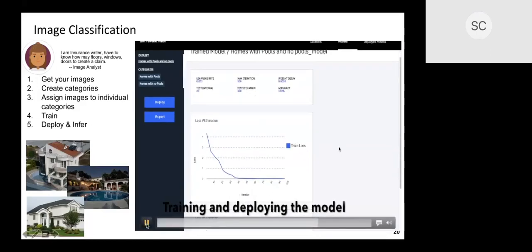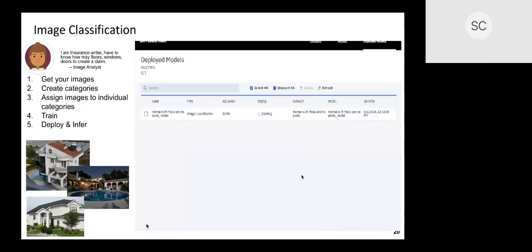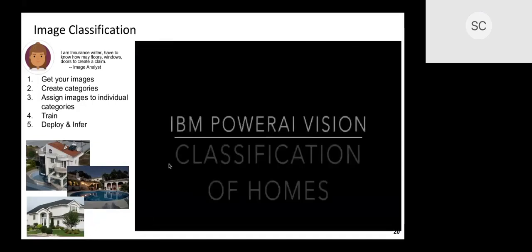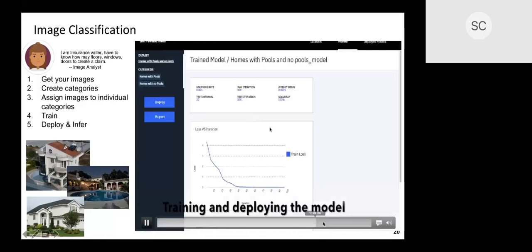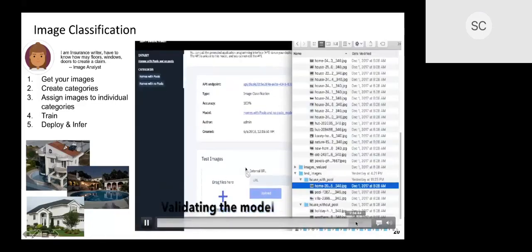All right, so the model's trained. Now you would want to deploy the model to validate images or to infer images, right? So you click a button, the model gets deployed, and you get a RESTful API for application developers to start inferencing data from the real world.